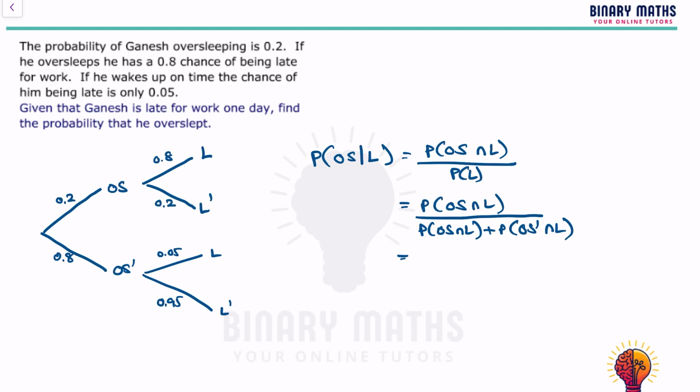The first one, oversleep and late, would be 0.2 times 0.8, all over 0.2 times 0.8 plus not oversleeping and late, which is 0.8 times 0.05, which gives me a value of 0.8 in my calculator.